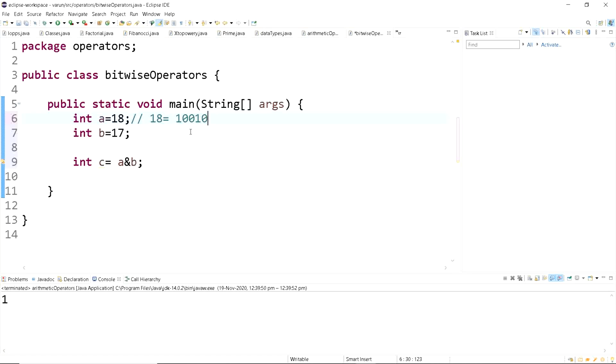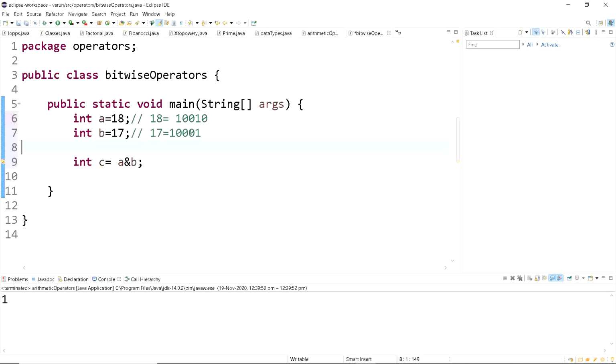I'll explain that in the next video. For now, just understand how this AND operator works. I'll explain how binary to decimal and decimal to binary conversion is done. So the number 17 is written as 10001. Yes, this is how you write it.